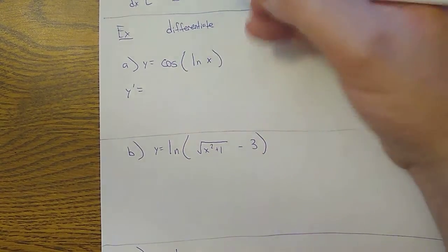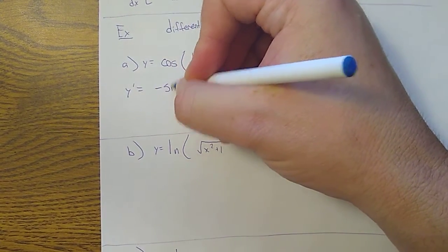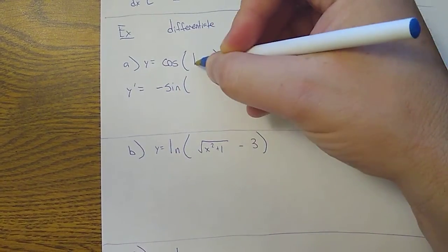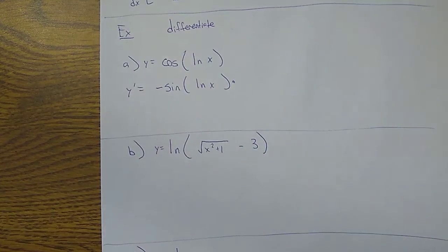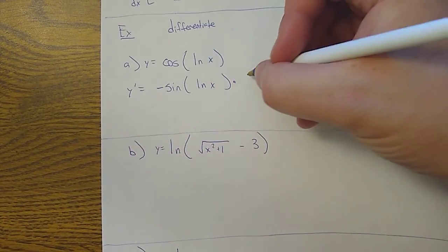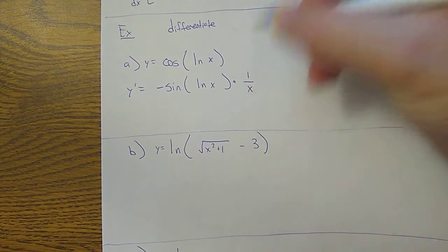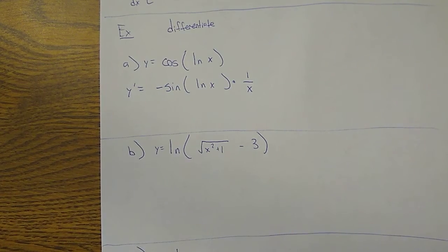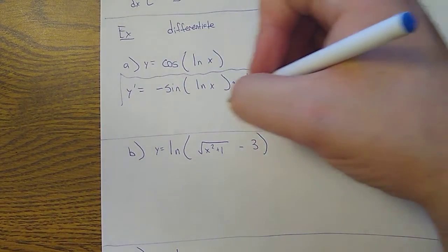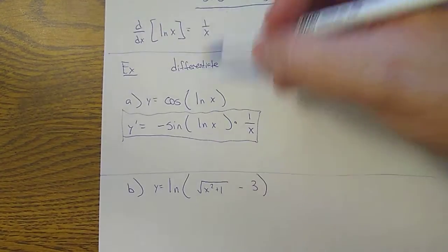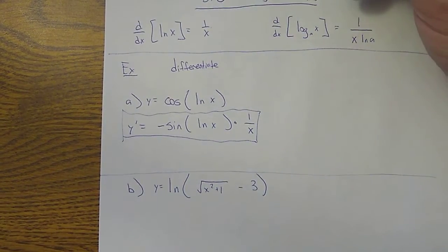So the derivative of cosine is negative sine, and that's going to have the inside still in it. And then I multiply by the derivative of the inside, which we now know the derivative of natural log x is 1 over x. So that's it. We just had to use the chain rule and this formula that we just learned.